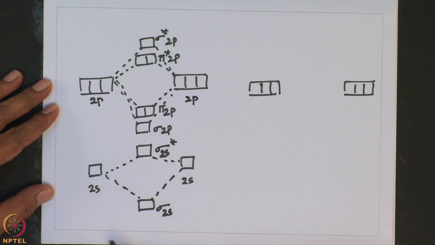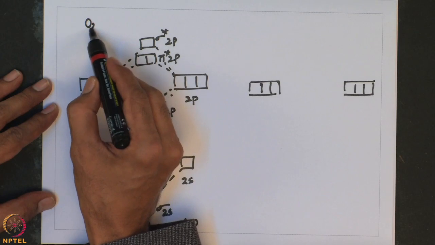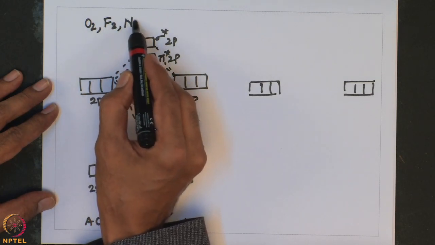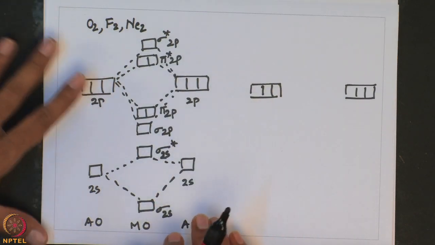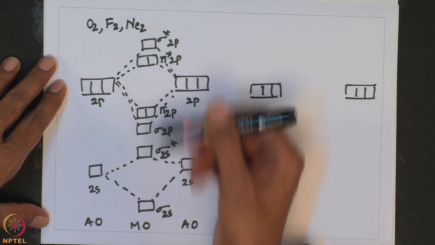So, this is how one can write the MO diagram. This is atomic orbital and this is atomic orbital. This represents the diatomic species O2, F2 and Ne2. The exits are not, that is a different issue, but one can write the MO diagram in this fashion, keeping the energy in this order.